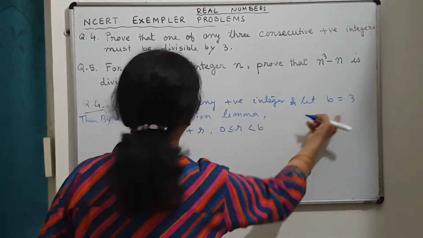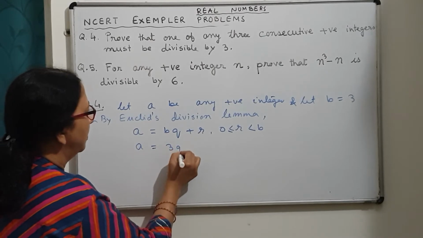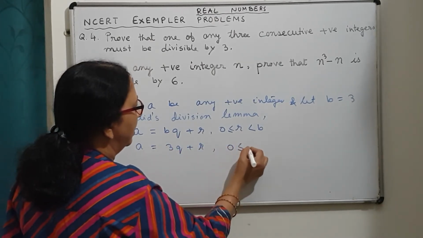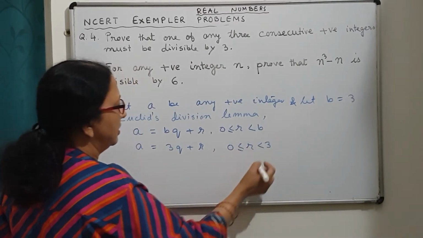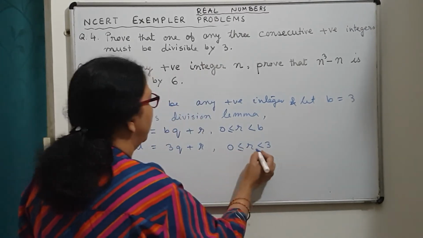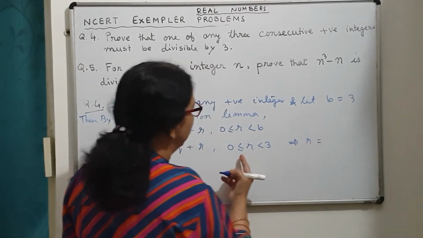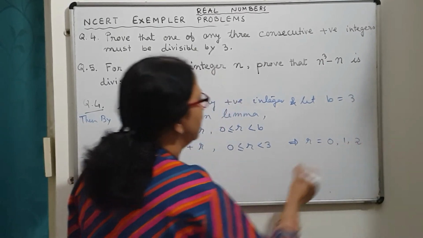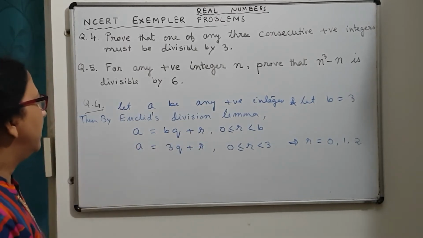So here b is 3, so I write 3q plus r, where r is more than or equal to 0 and less than 3. That means r can take the values 0, 1 and 2. These three values are allowed for r according to the lemma.